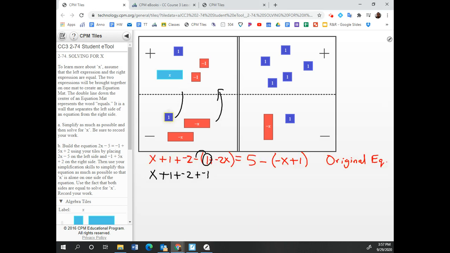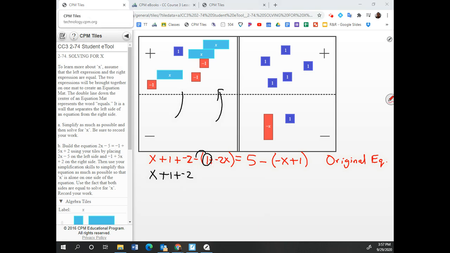And let's go ahead and do that. And then these two negative x's flip up here, and they become their opposite. So plus negative 1, and then plus 2x, because the opposite of negative x is 2x, equals.